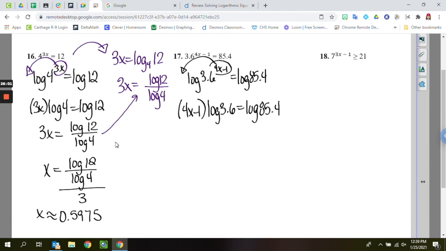Move log of 3.6 over so that I have 4x minus 1.